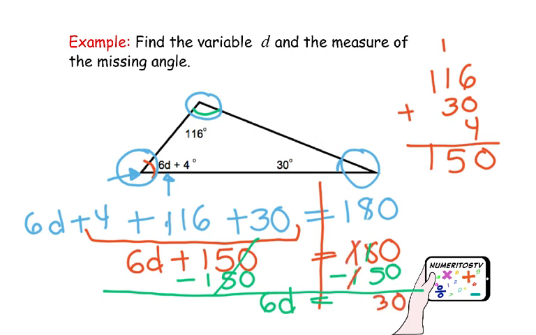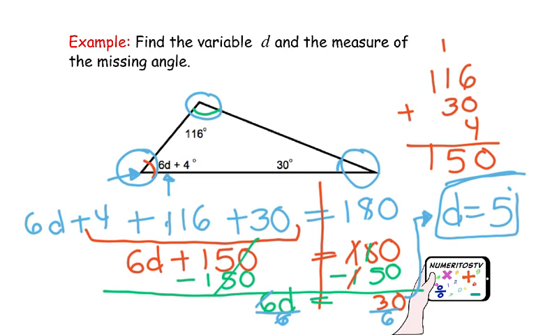Now I need to get rid of that 6 that is multiplying my variable D, so the inverse operation will be division. This will become 1D, but I need to do the same thing here. So my answer is 30 divided by 6 is 5. So D is 5, but I need to find the missing angle.